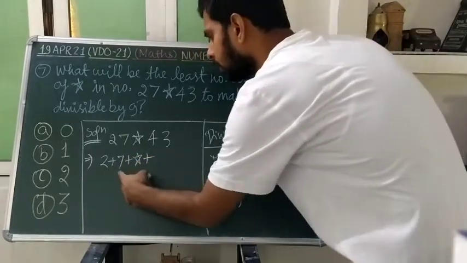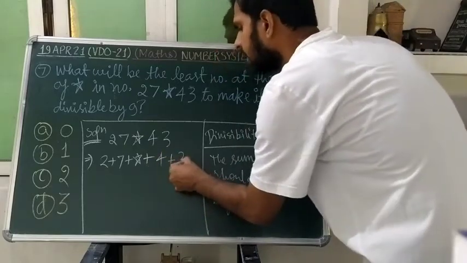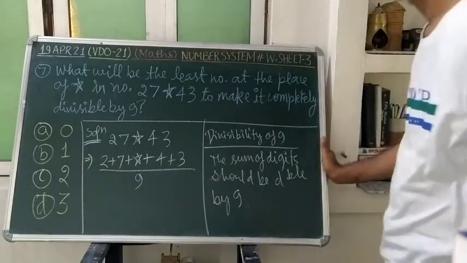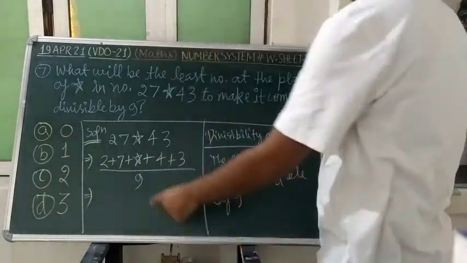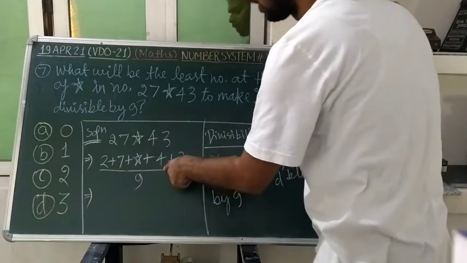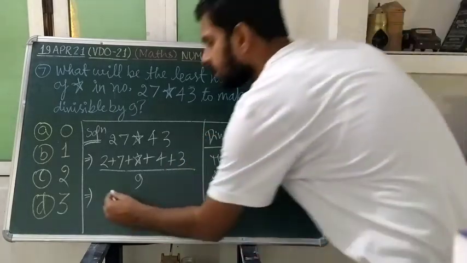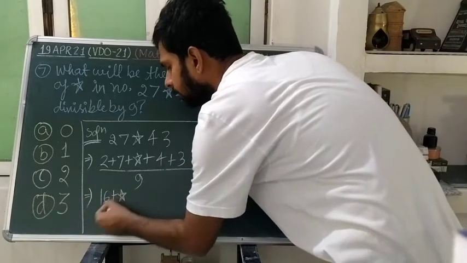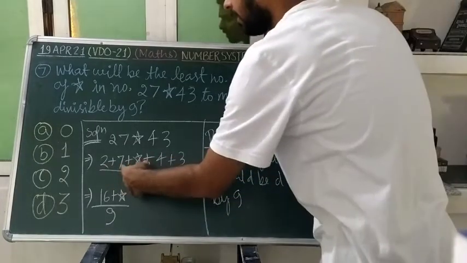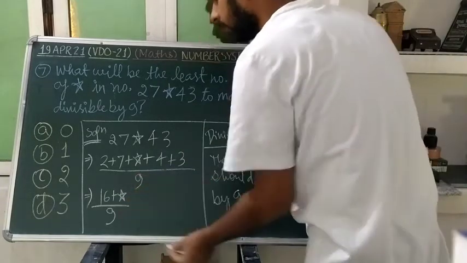Class I have given to you. 27 star, now I am doing it the fast way: 4 plus 3, this sum should be divisible by 9. 2 plus 7, 9, star we can't add, so 9 plus 4, 13, 13 plus 3, 16. So 16 plus star divided by 9 will come.